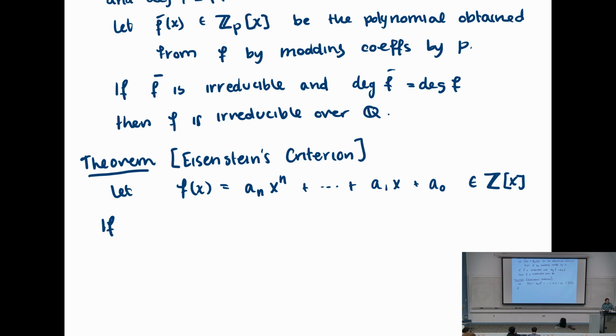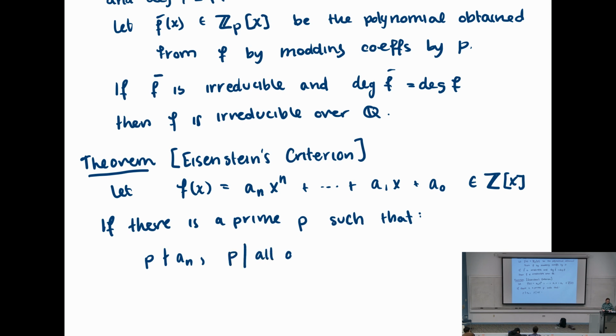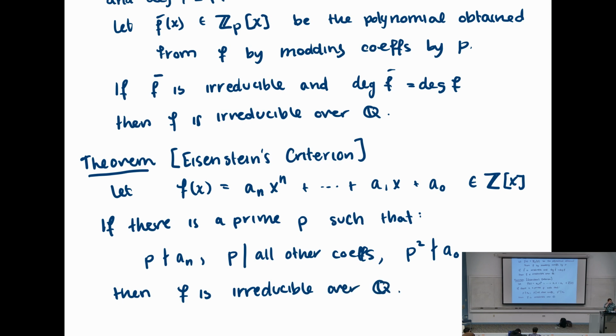Then if there is a prime p such that the following conditions hold: p does not divide the leading coefficient, p divides all other coefficients, and p squared does not divide the constant term, then f is irreducible over Q. Okay, is the statement clear?